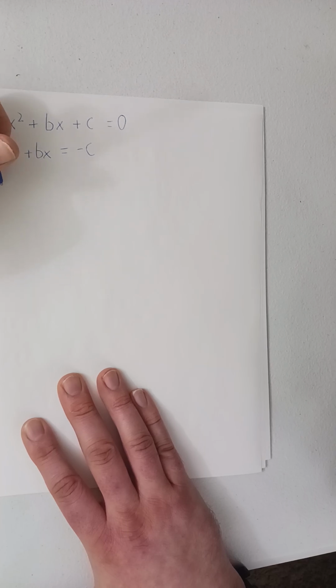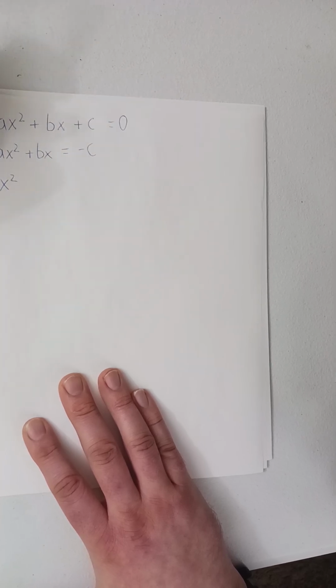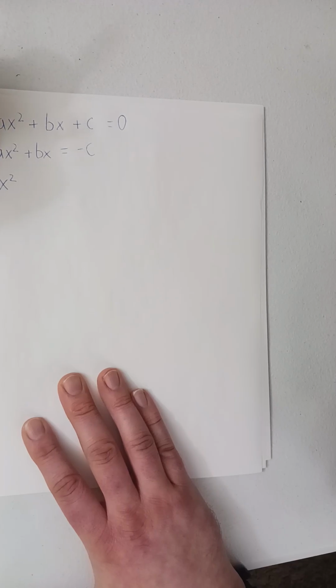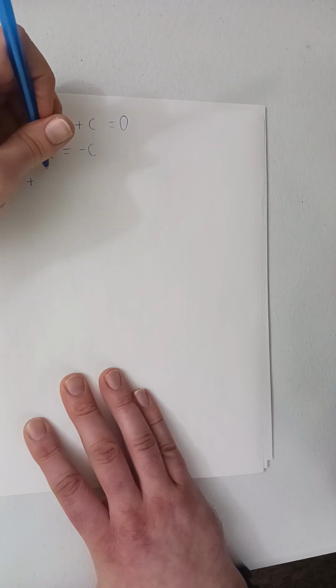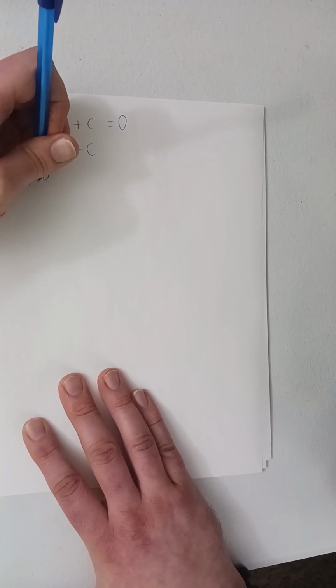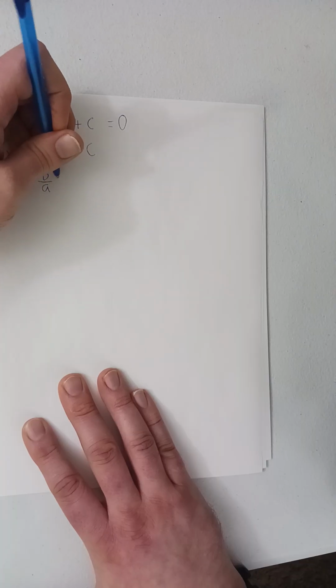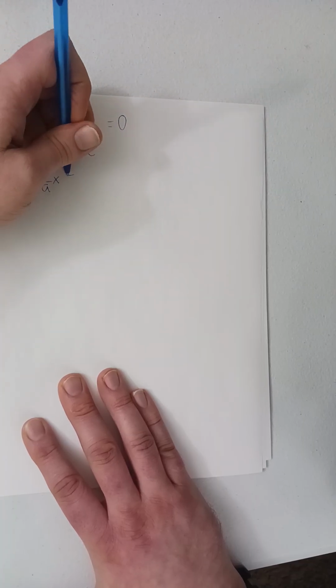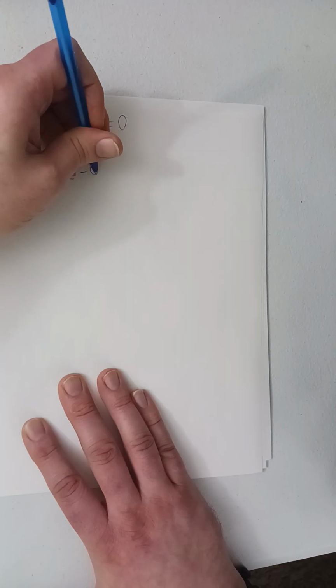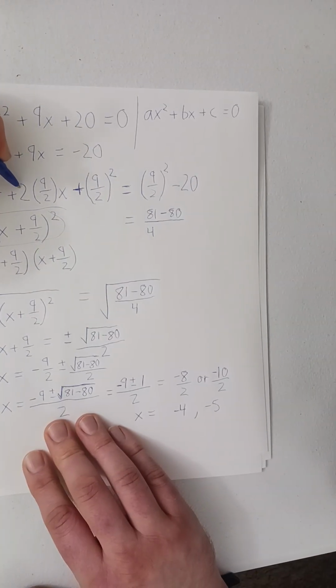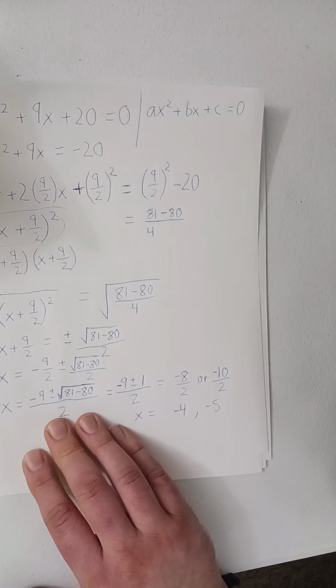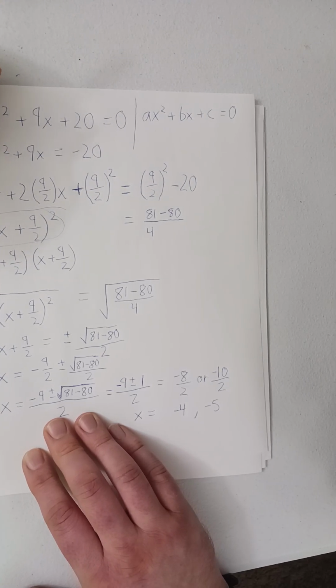So we're going to have x squared, because we divided ax squared by a, plus b divided by a times x equals negative c divided by a. And I know I showed you that we just jumped right to this step, where we split this up into halves and squared it. I'm going to do that next. I didn't need to show you that here because it's not really applicable here.